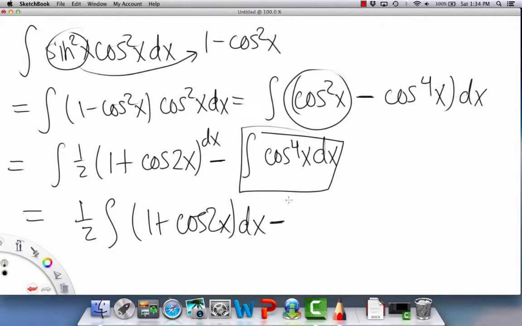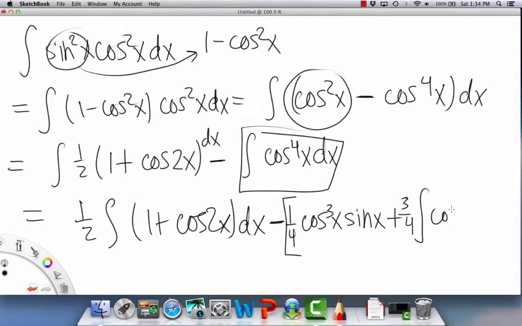And then the reduction formula actually looks like, once you apply it, 1/4 and then cosine 3x times sine x, and then plus a 3/4. I'm going to try to make this still legible as I squish it in. Cosine squared x dx, and then close bracket.